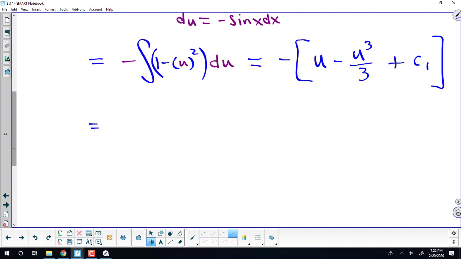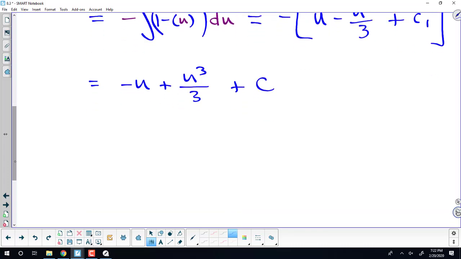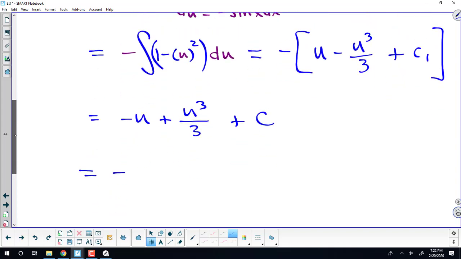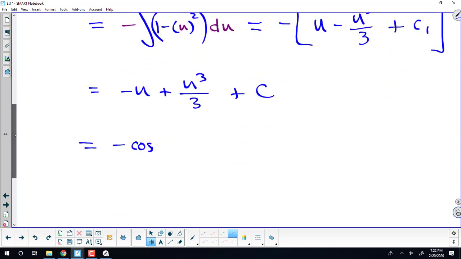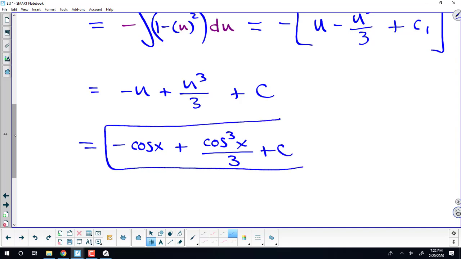So we have minus u plus u cubed over 3 plus another constant, and then we resubstitute. What was u? u was cosine. And that's our final answer.